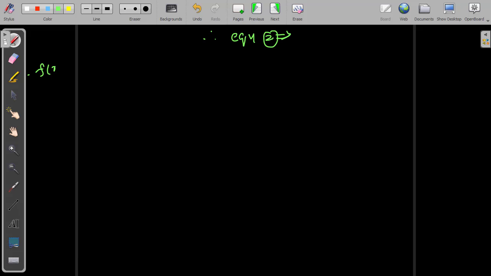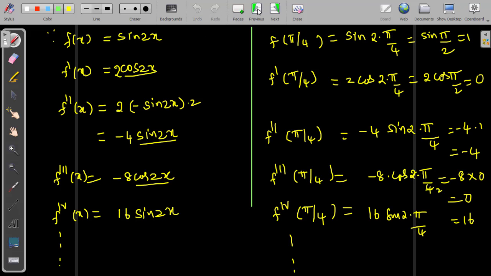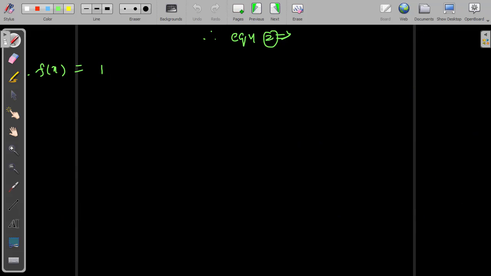LHS is f of x, RHS is f of a. F of a, from this page, is 1. F of a value 1, plus I'll put here x minus a, a meaning pi by 4, power 1 by 1 factorial times f dash of a.